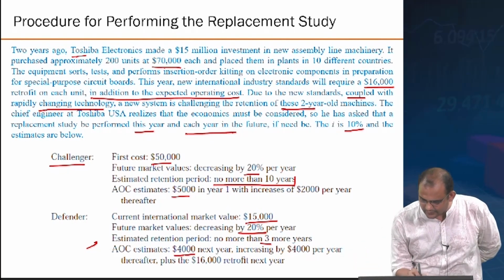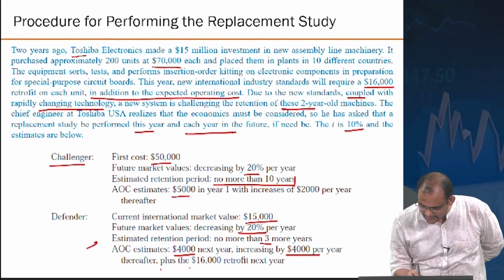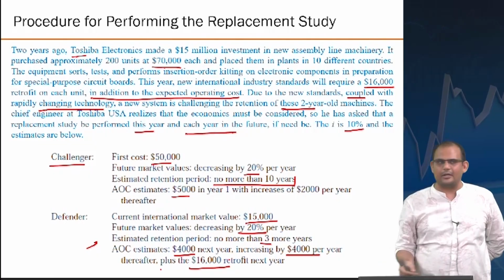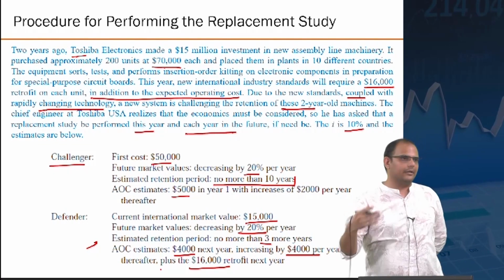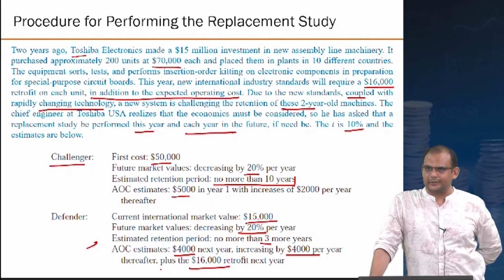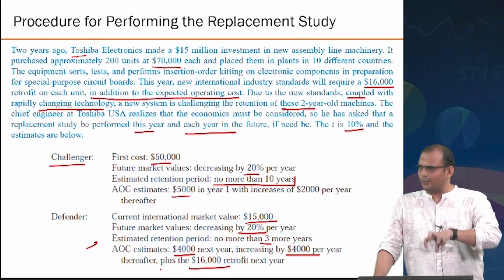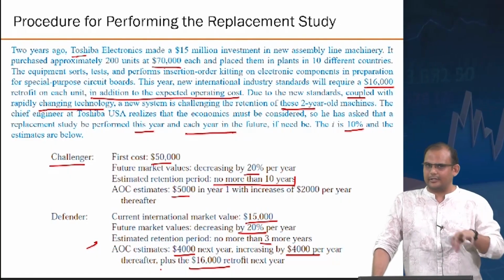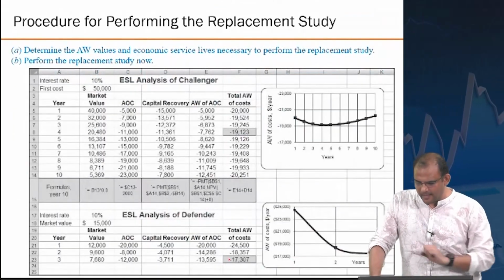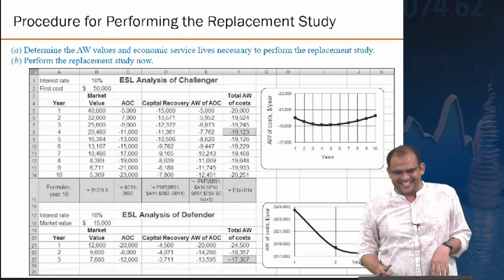AOC estimate $4,000 next year, increasing by $4,000 per year thereafter, plus the $16,000 retrofit that you will require immediately in the next year. Okay? Lots of info, but hope you are able to detect what you will need to calculate, the main thing. Okay? Oh, the solution is even more terrifying.